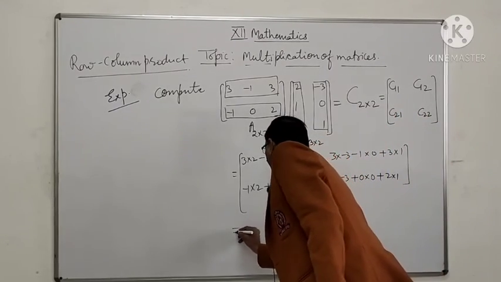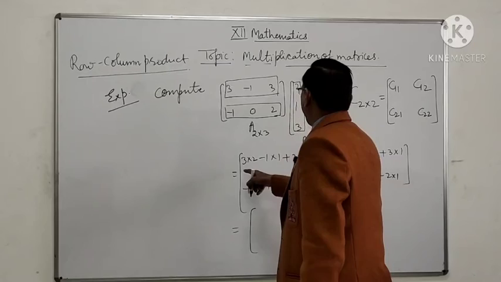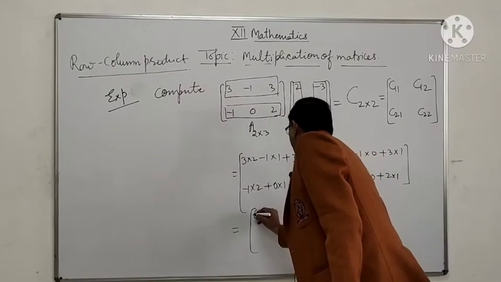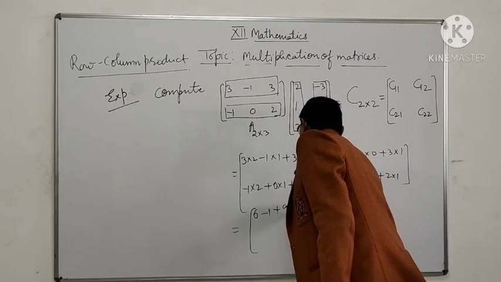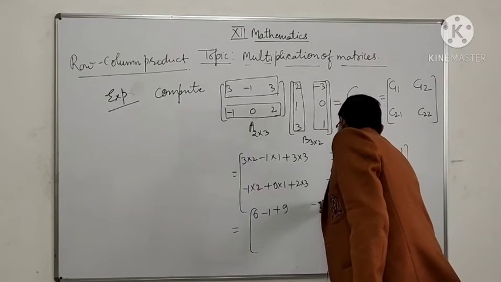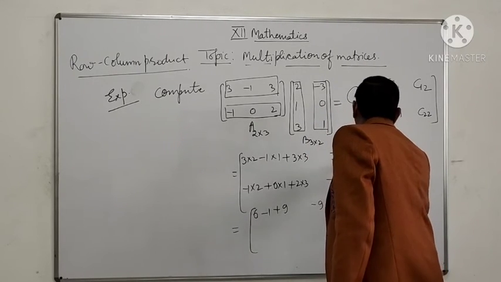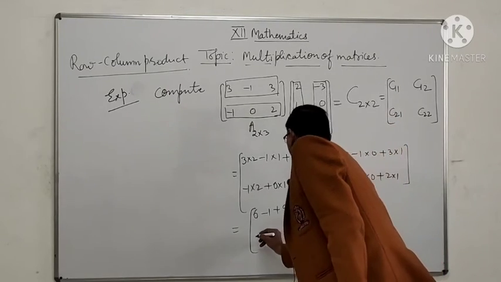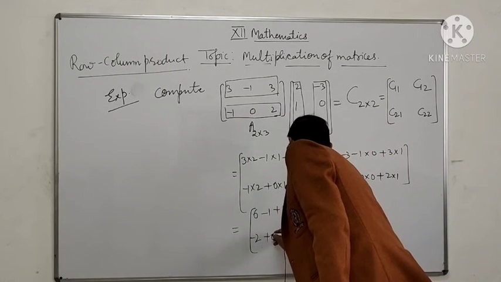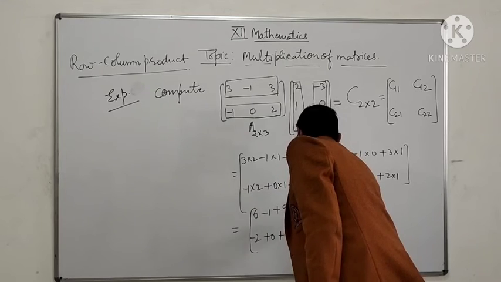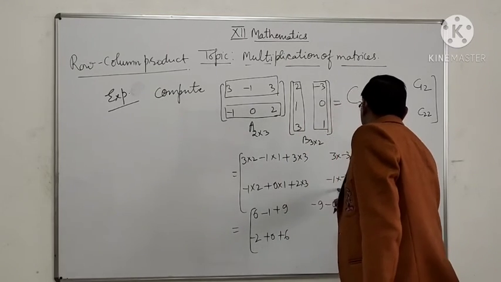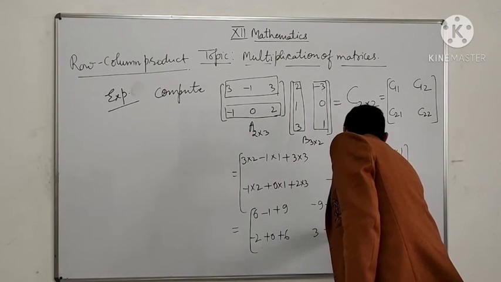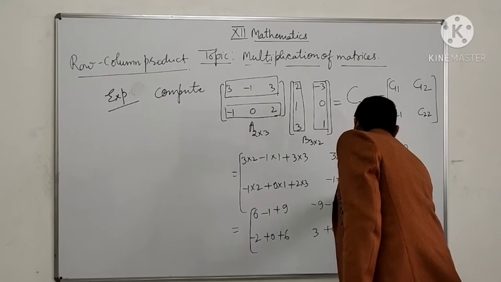Let's simplify it. So we will get 6 minus 1 plus 9, minus 9 minus 0 plus 3, minus 2 plus 0 plus 6, and 3 plus 0 plus 2.